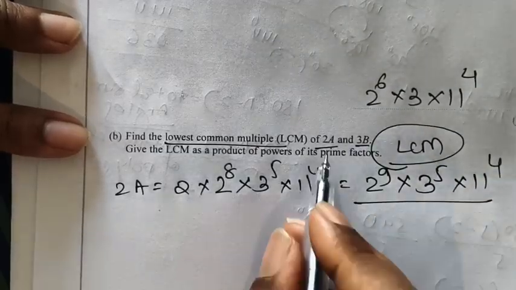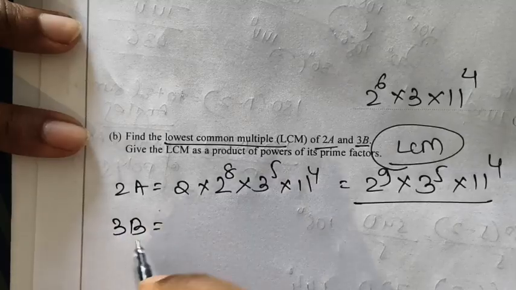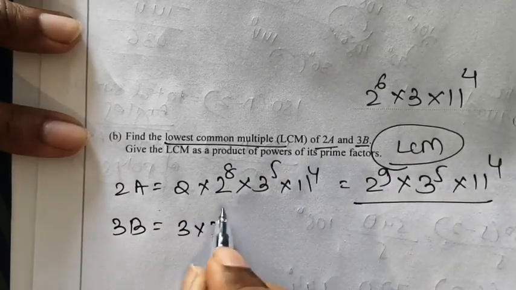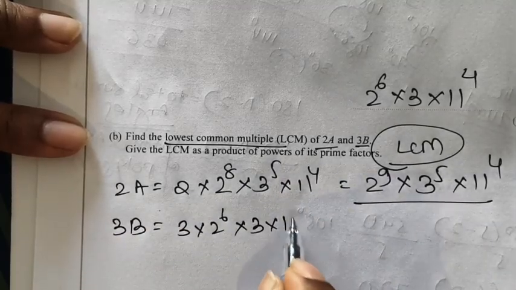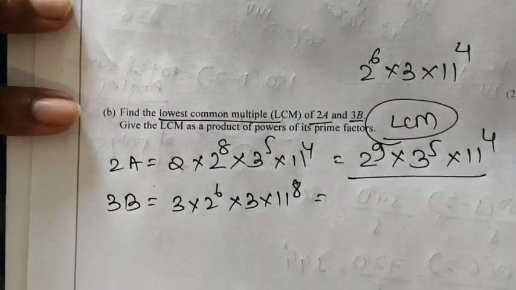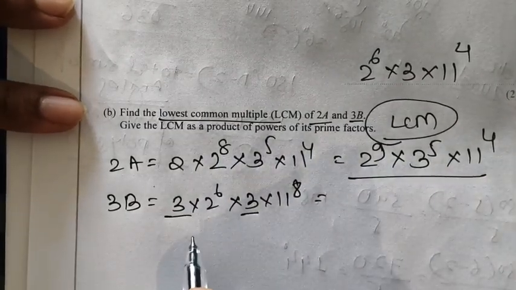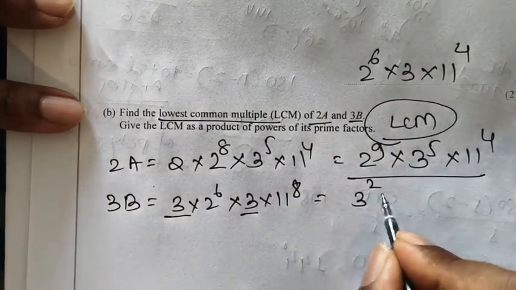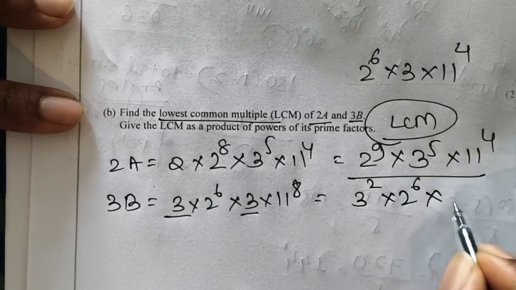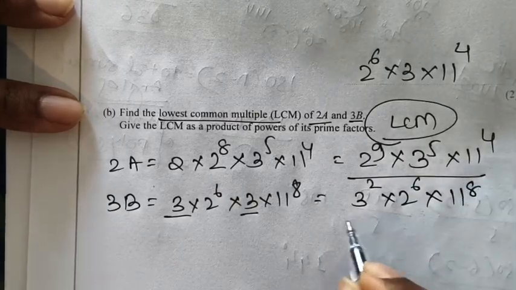This is my 2a. And 3b is 3 into 2 raised to 6 into 3 into 11 raised to 8. Now 3 into 3 becomes 3 square, into 2 raised to 6 into 11 raised to 8.